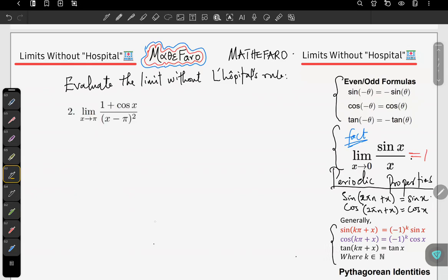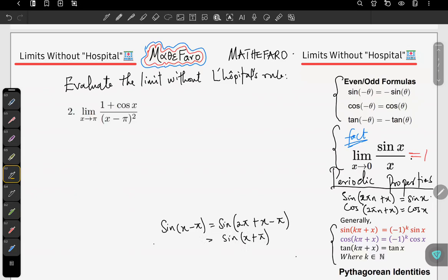And that is the fact that sine of (x minus pi) is the same thing as sine of (2 pi plus x minus pi), and that is the same thing as sine of (x plus pi).